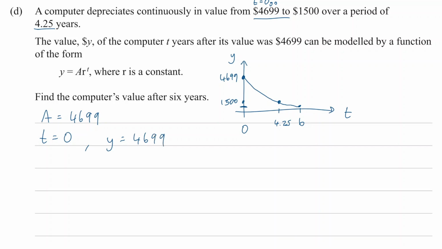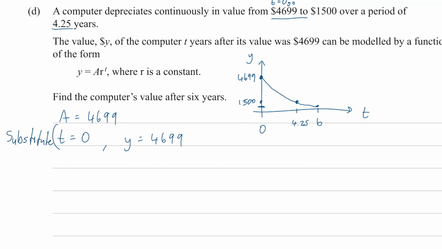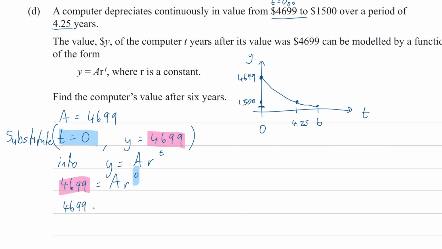So let's substitute this point into y equals a times r to the power of t. y is 4,699, a is what we're looking for, r is an unknown, and t is 0. r to the power of 0 is 1, so we're left with 4,699 equals a.